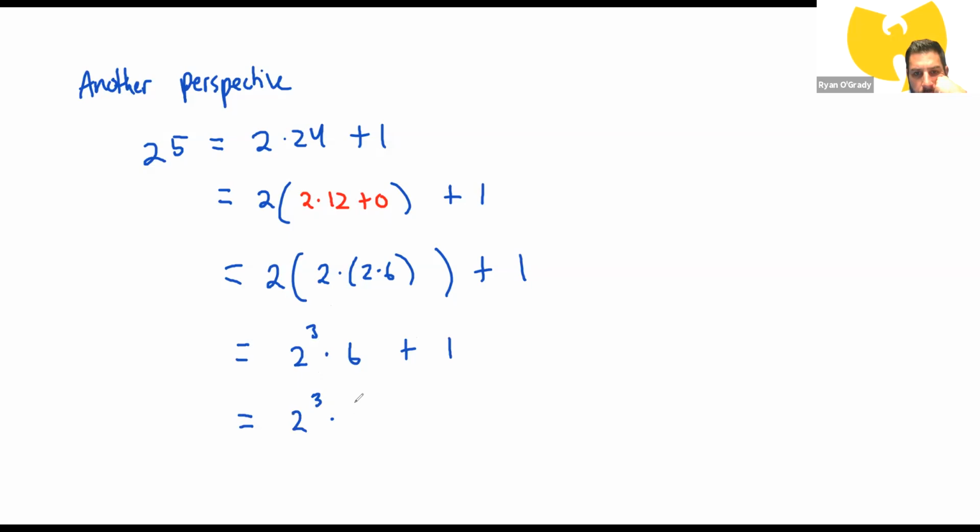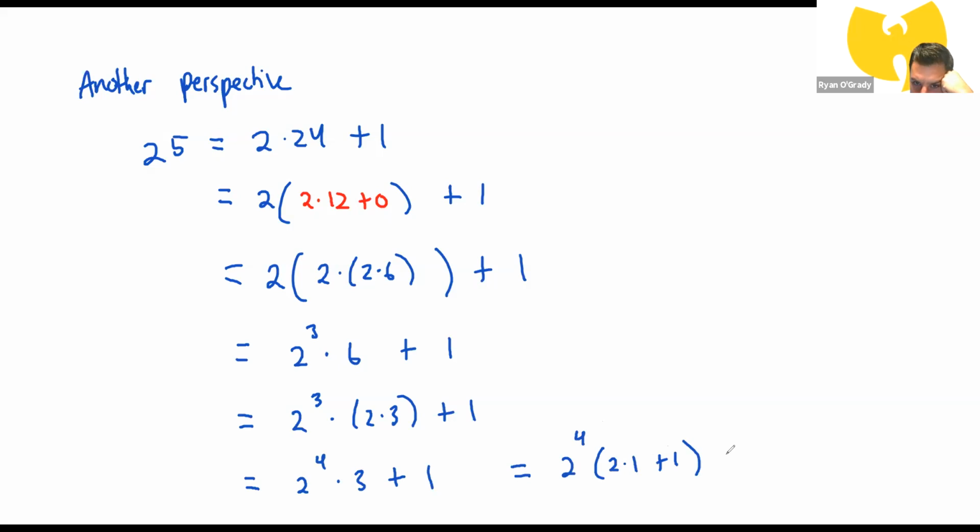Then this becomes 2 times 3 plus 1. And then, of course, this becomes 2 to the 4th times 3 plus 1. And then what is 3? Well, we already know what 3 is. It's 2 times 1 plus 1, plus 1. And then I'm running out of space, so I'm going to come up here.